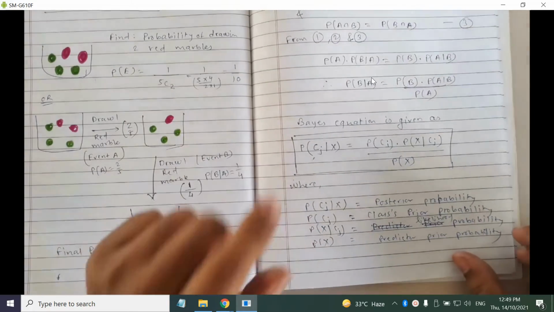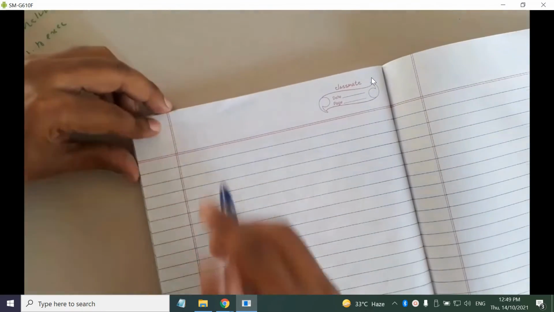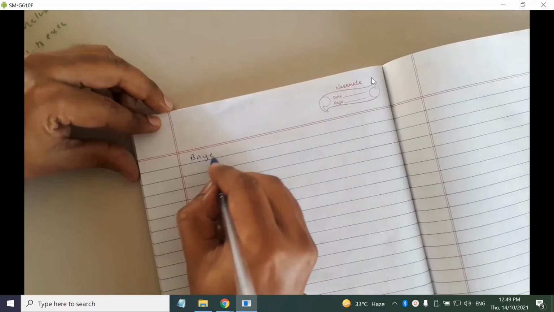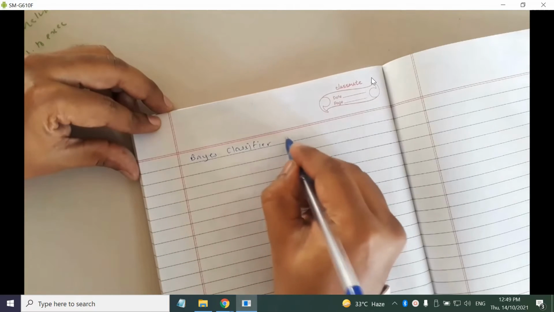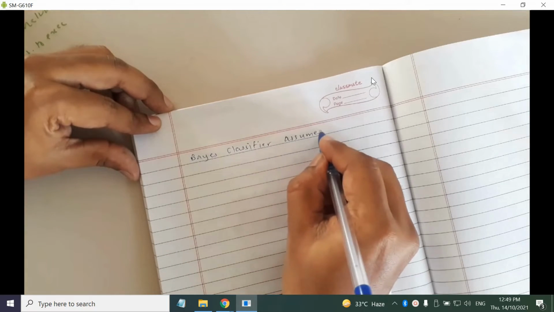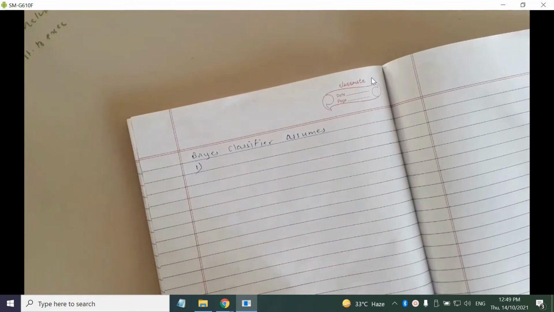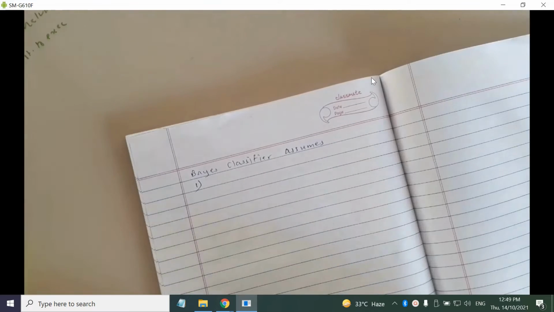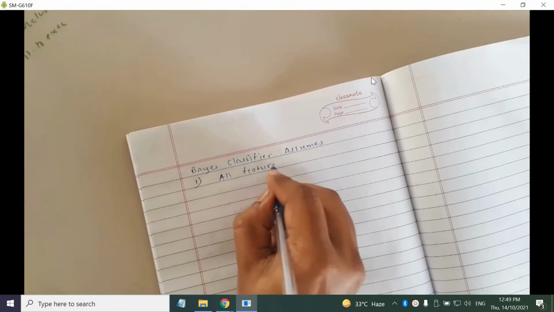Okay, now how to utilize this equation for prediction? Here we are making two important assumptions. This Bayes classifier assumes that all features are independent.